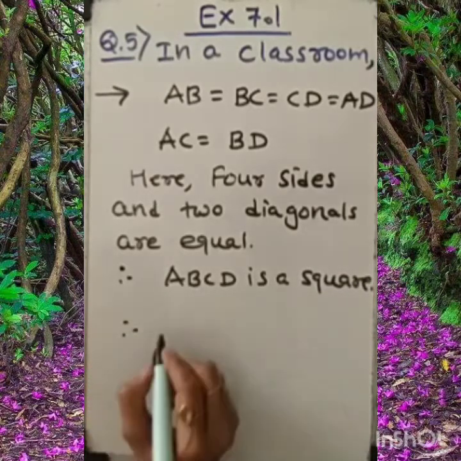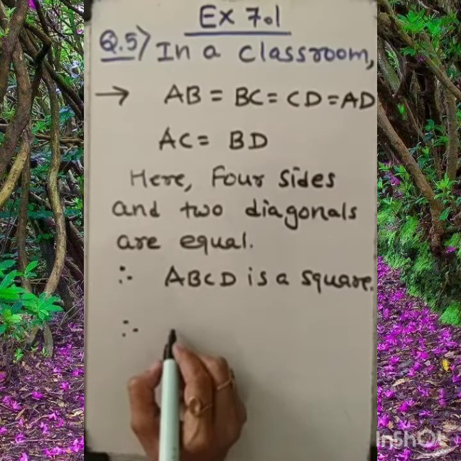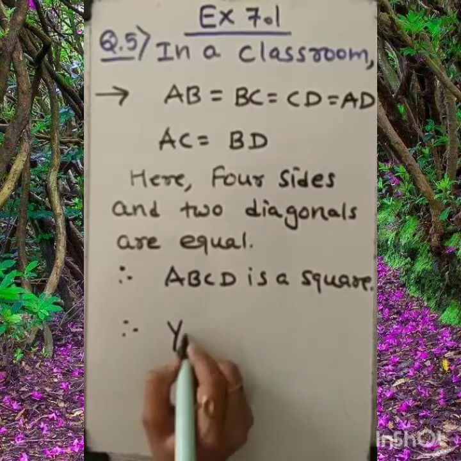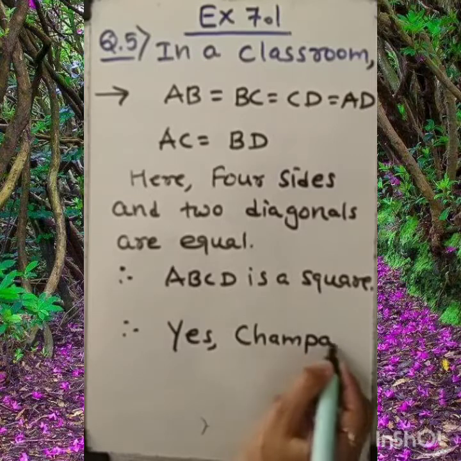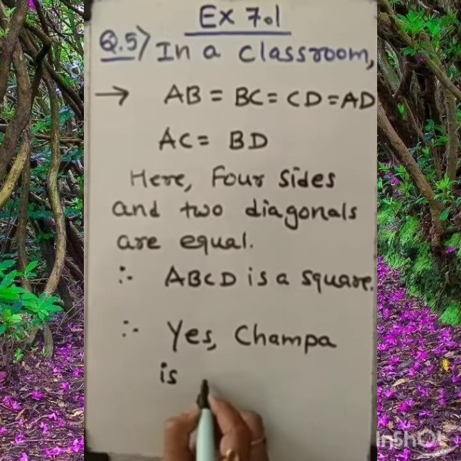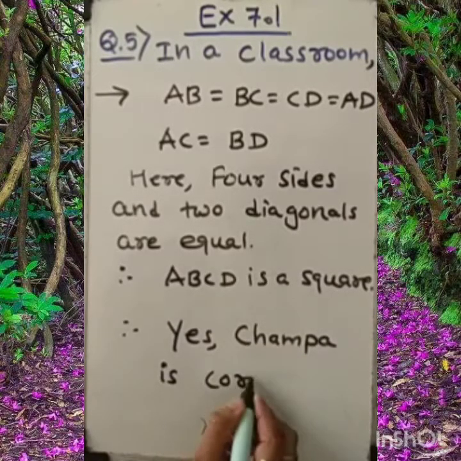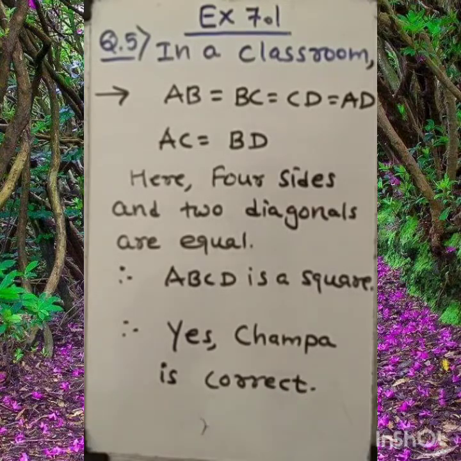Therefore, who is correct according to the question? Yes, Champa is correct. This is also very important to mention in the exam. If it is asked for 3, 4 marks, then in the final answer according to the given question, you need to mention it. If you forget this last sentence, dear, then you will lose 1 mark. I'm telling you clearly. So be careful what they have asked in the final question.